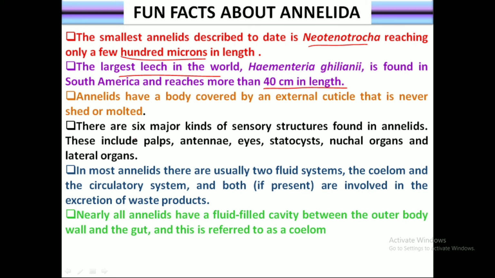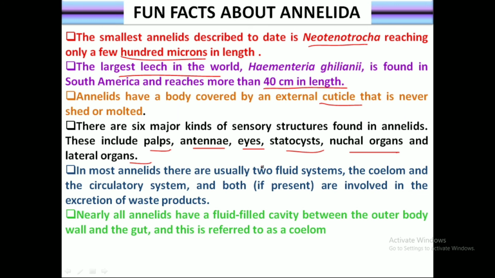One more fact is that annelids have an external cuticle, but they never undergo shedding or molting, unlike nematodes. They also have sensory organs in the form of palps, antennae, eyes, statocysts, nuchal organs, and lateral organs.